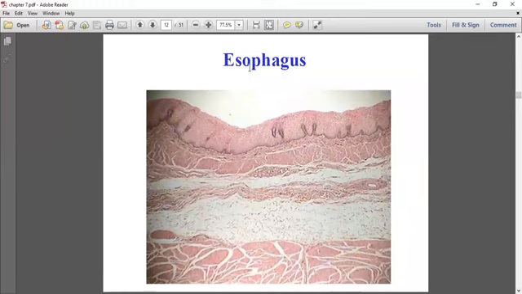Cross-section of the esophagus revealing thick epithelium, non-keratinized stratified squamous epithelium, lamina propria, muscularis mucosa, submucosa, and musculosa.